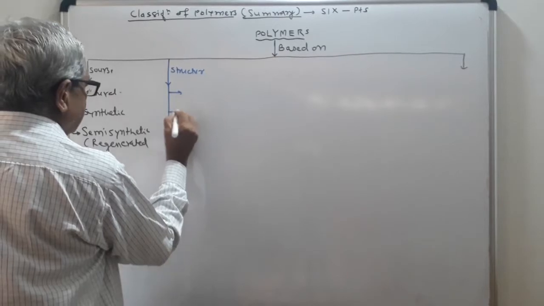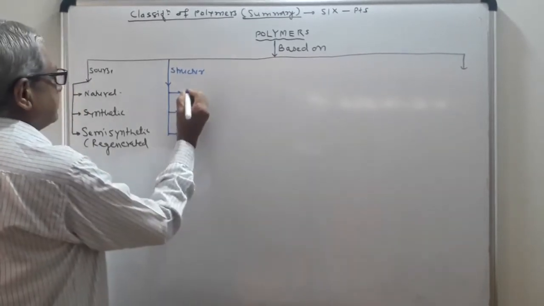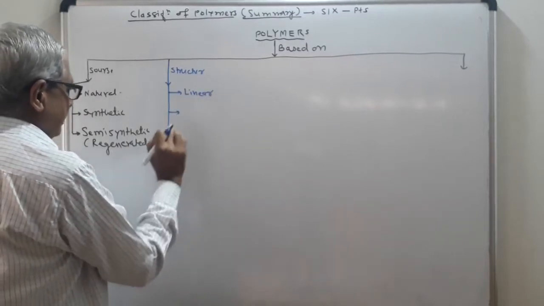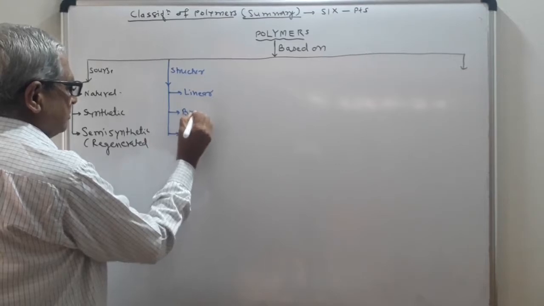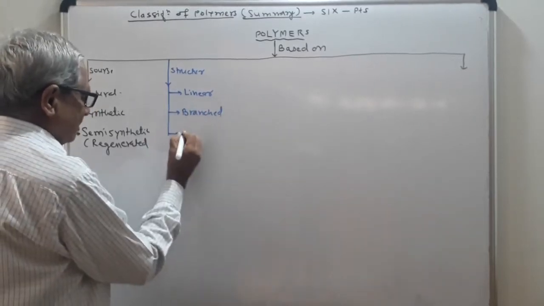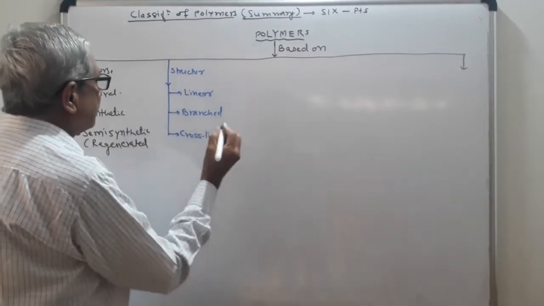First is linear polymers, second is branched polymers, and third one is cross-linked polymers.